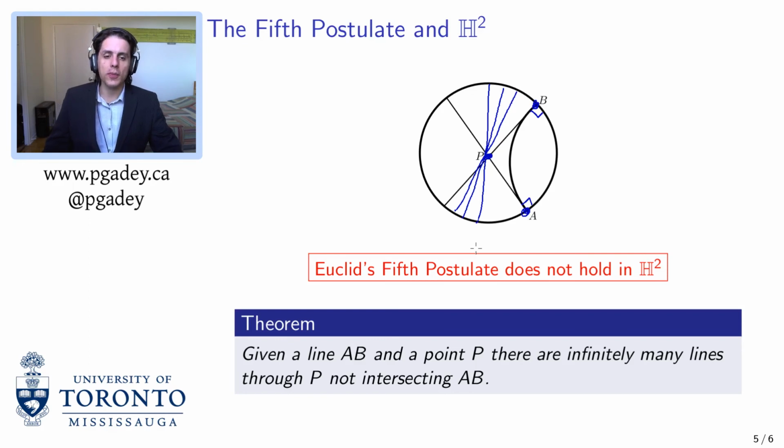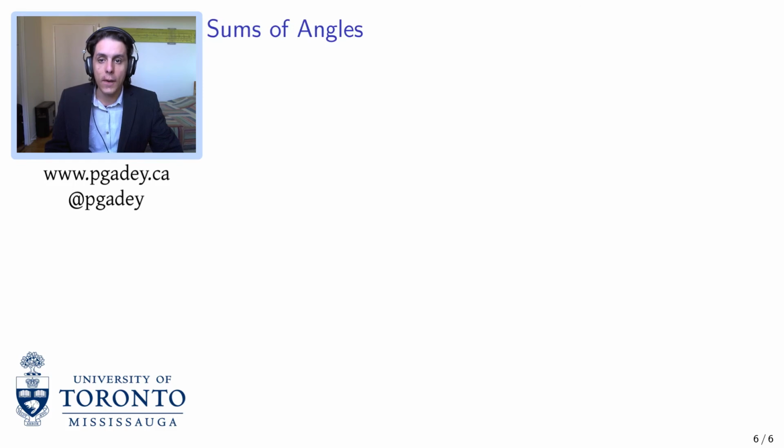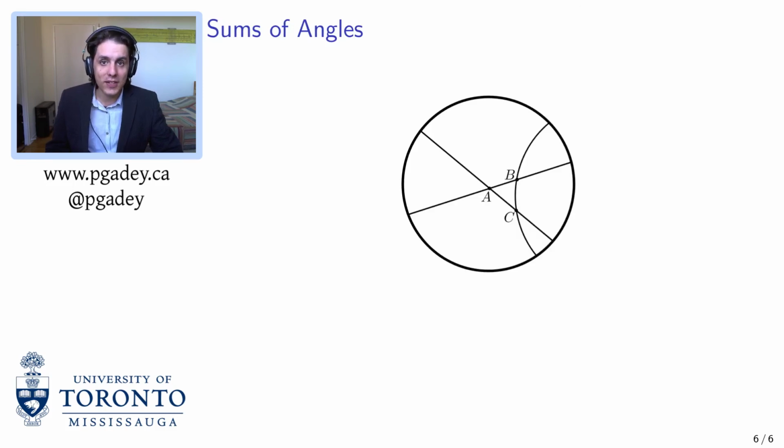It's very remarkable. I want to show off one last property of the hyperbolic plane, which is that sums of angles behave differently than we'd expect from the Euclidean case. Here we've created a hyperbolic triangle. We've got A, B, and C. If we were to join this up to make a Euclidean triangle, we'd have three straight lines, AC, CB, BA.